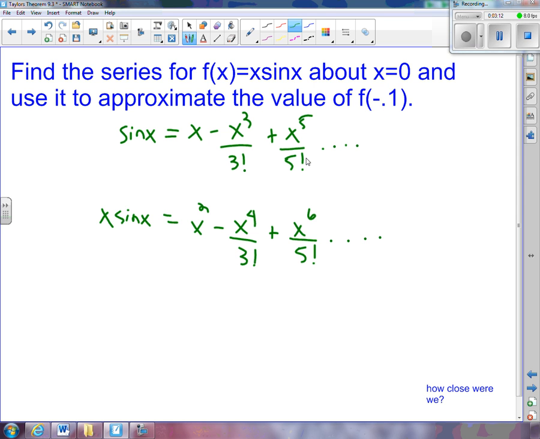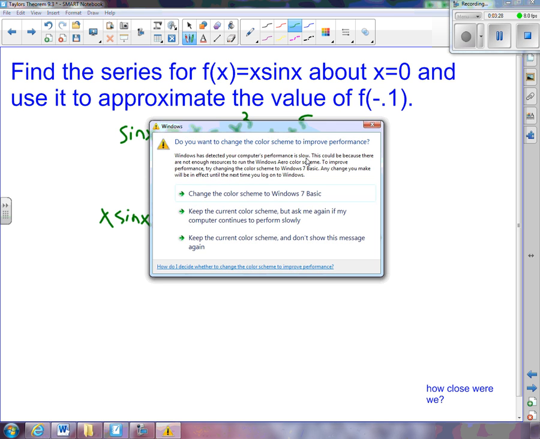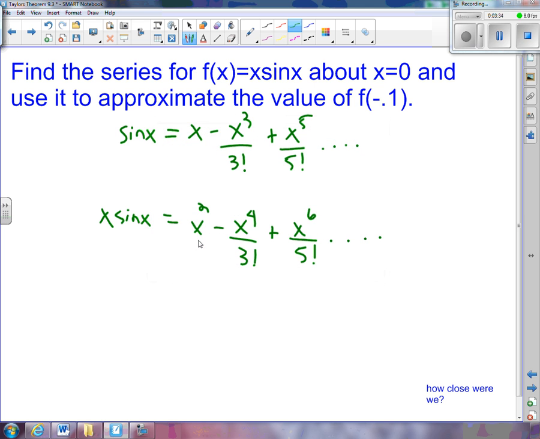I thought you said our calculator. I need to bring my calculator. I have two if you want. Don't change that color scheme. Do you have any batteries?